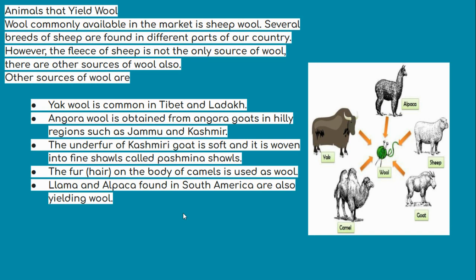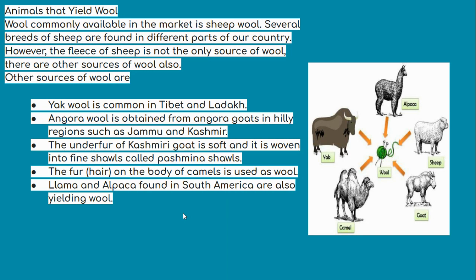Other sources of wool are yak wool, angora wool, Kashmiri goat wool, camel wool, llama and alpaca wool. Yak wool is common in Tibet and Ladakh. Angora wool is often from Angora goats, and it is most commonly found in hilly regions such as Jammu and Kashmir.